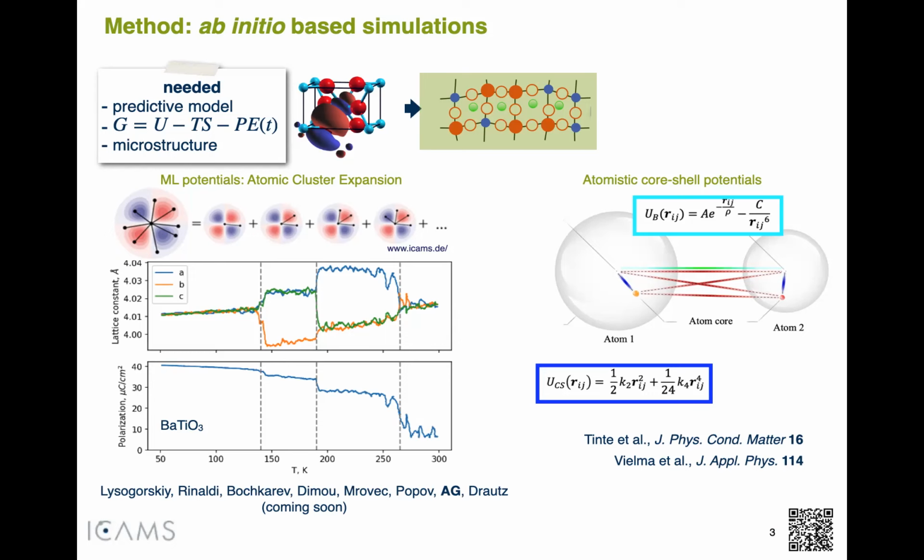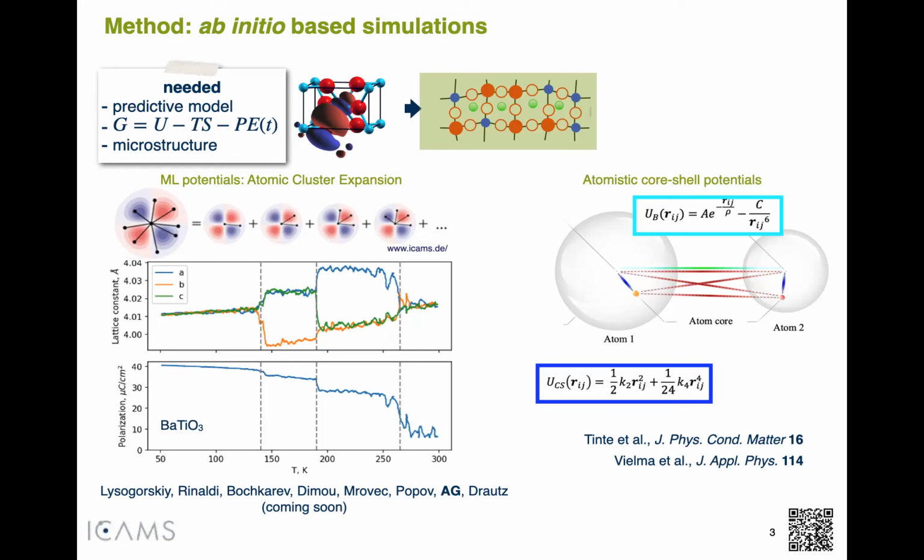I will show results from this today, but coming soon, we have a collaboration with the group of Ralf Drautz at our institute working on new machine learning potentials in his flavor of atomic cluster expansion. Here you just see very preliminary results. It's just MD in a small supercell and just the first test. And you see we already got a rather good agreement of the full phase diagram of barium titanate. So hopefully there's more coming soon.